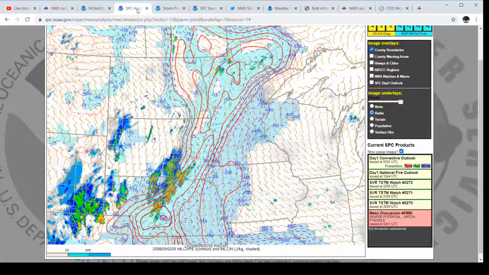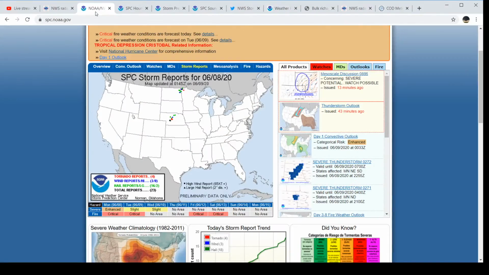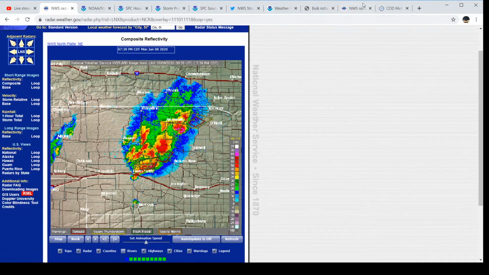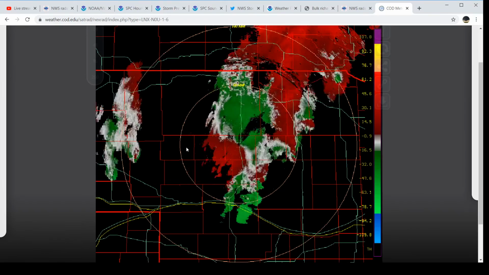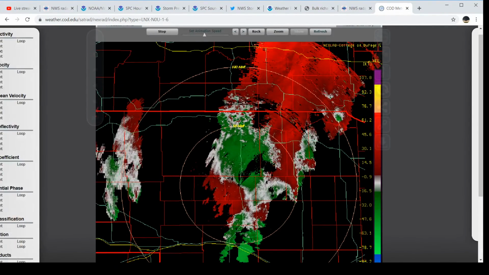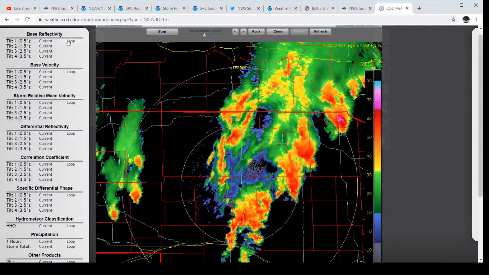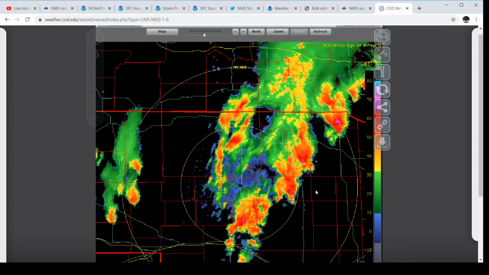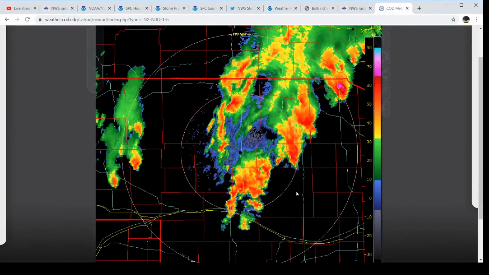I think I already got it pulled up. Okay. But as we can see on radar, it's probably becoming linear.